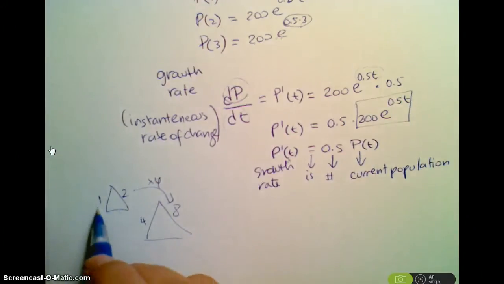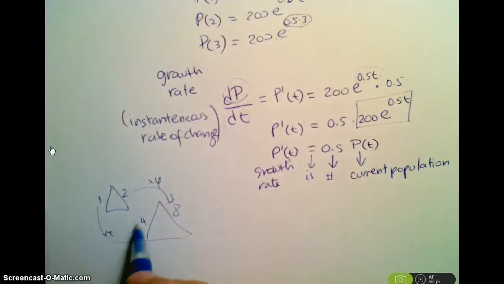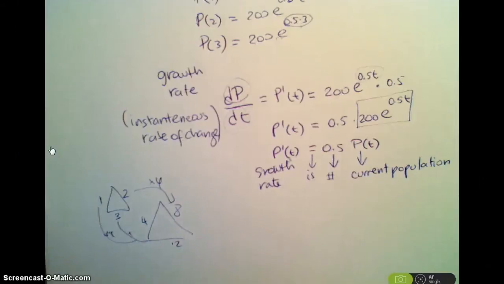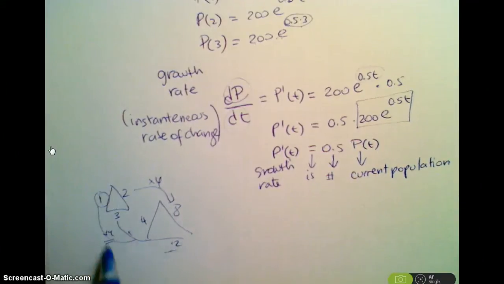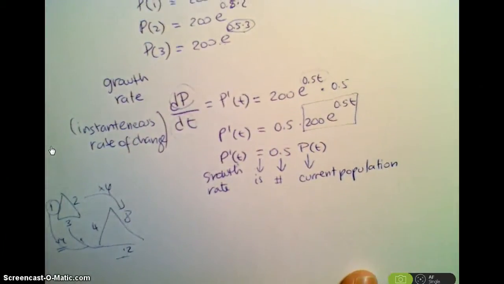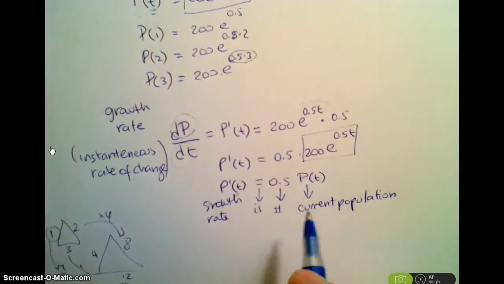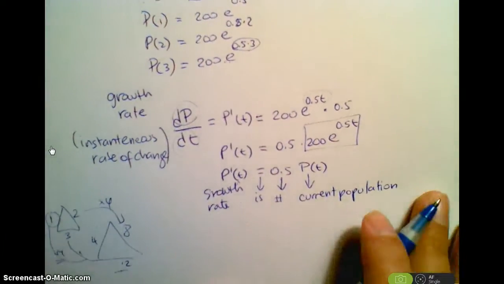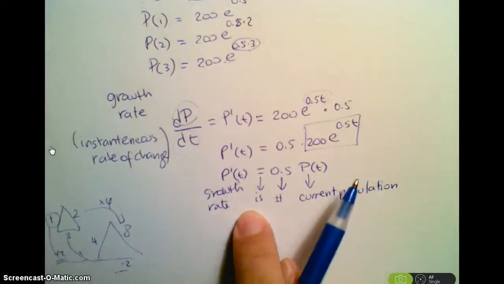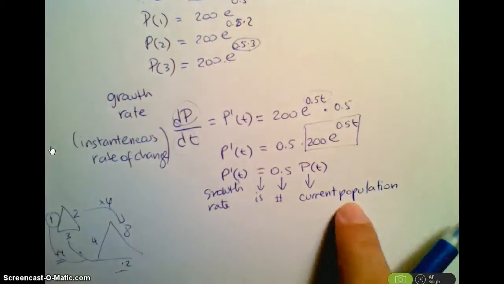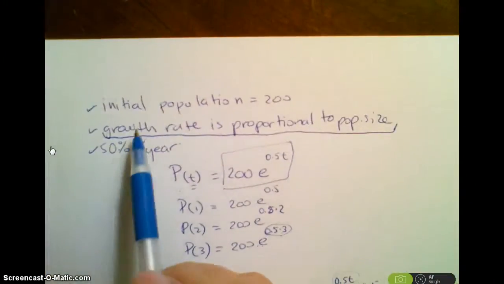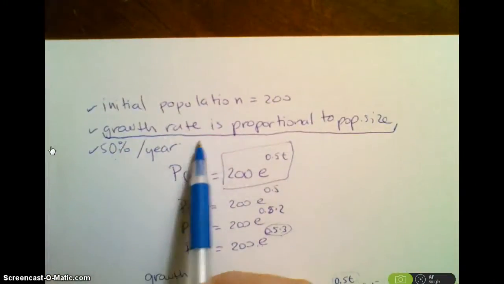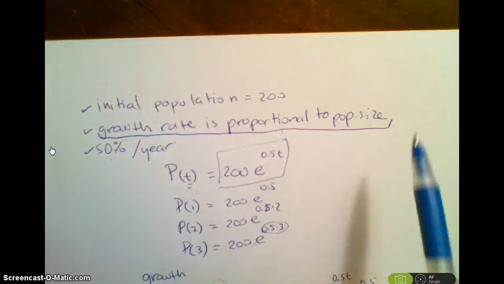So this side would be 1 times 4 is 4, then this side would be times 4 will be 12. So anytime a number times a constant gives me another number, they are said to be proportional. So in here I can say the same thing. I can say the growth rate is proportional to the current population, which is nothing but what we have said earlier on. The growth rate is proportional to the population size.